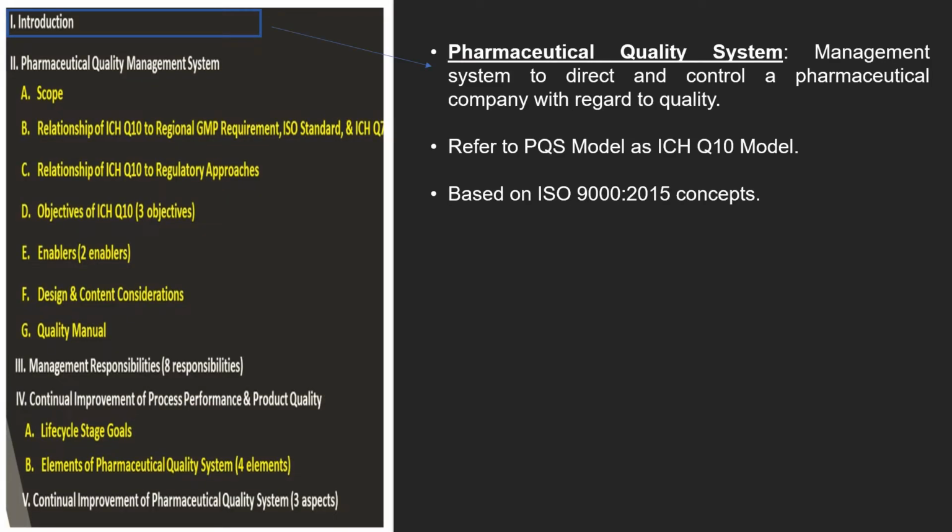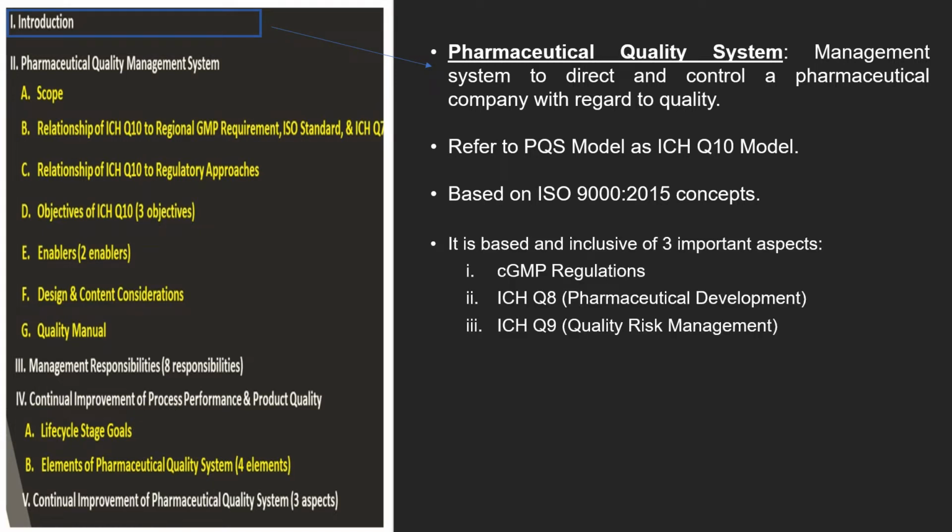Firstly, moving with the introduction part, we have seen the definition that it is a management system to direct and control a pharmaceutical company with regards to quality. This model, which is presented in this guideline, is referred to as the ICH Q10 model, and it is based on ISO 9000:2015 concepts. Now if we see, it is inclusive of 3 important parts.